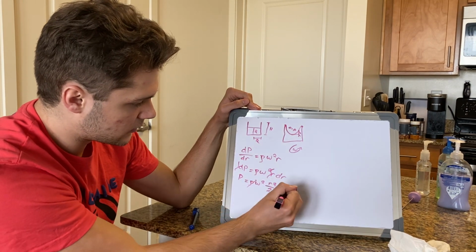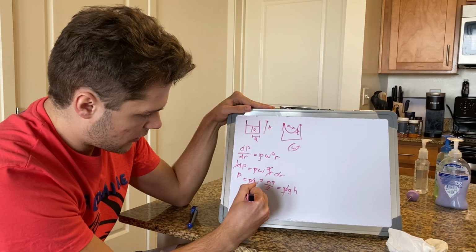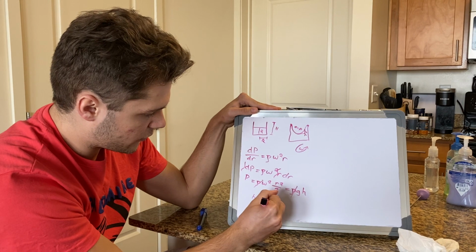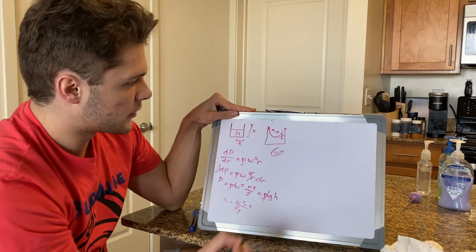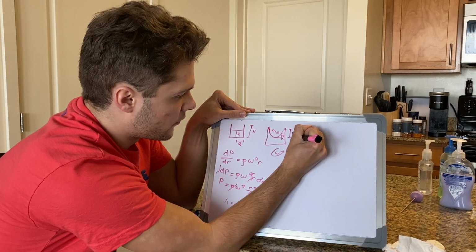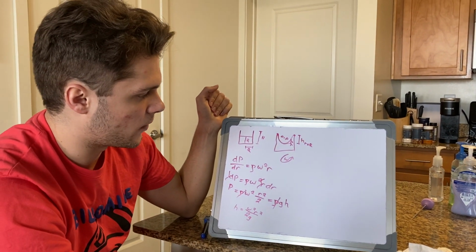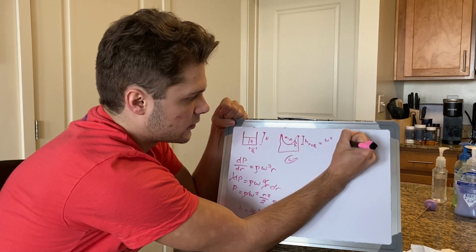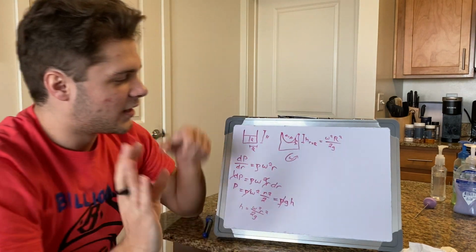And our densities cancel, and we're left with h equals omega squared r squared over 2g. So if we were to take our position of r all the way at the wall, so all the way at the radius of big R, that's going to equal omega squared R squared over 2g.